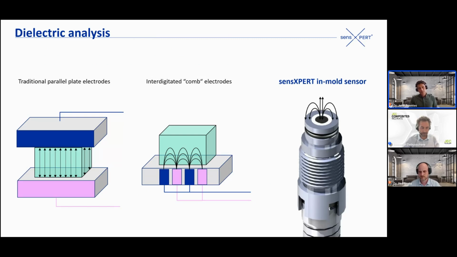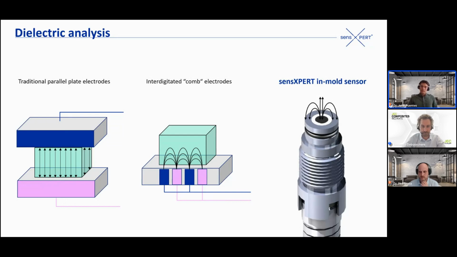Once this idea was finalized, we have a proprietary sensXPERT sensor. As you can see on the right, this sensor is basically the same component. The black circle that you see here is the inner electrode. The outer shell will behave as the second electrode, and since this is connected to a metal mold, the mold itself will become an electrode within the system.